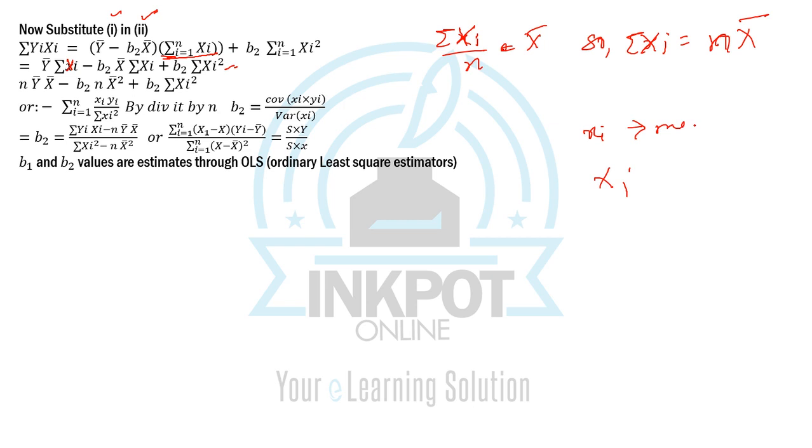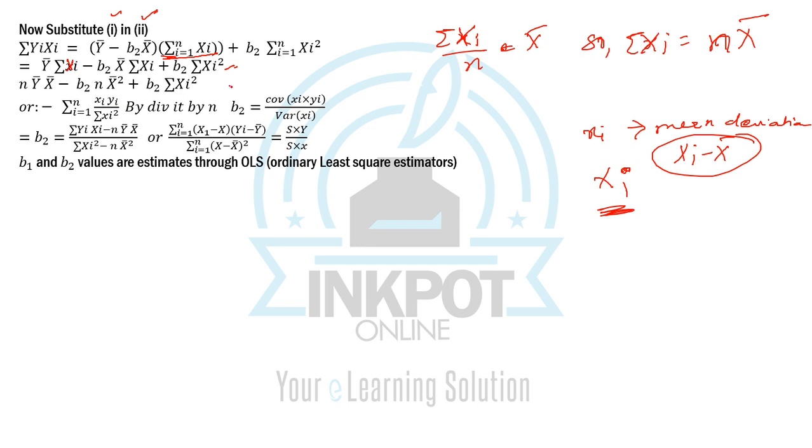Small xi is the mean deviation, that is xi minus x bar, and this capital Xi is the independent variable, the random variable. Okay, so now we get this expression. So similarly we'll replace this summation xi with n x bar, and it will become n x bar square. This will remain the same.